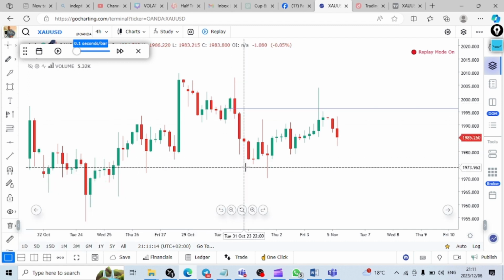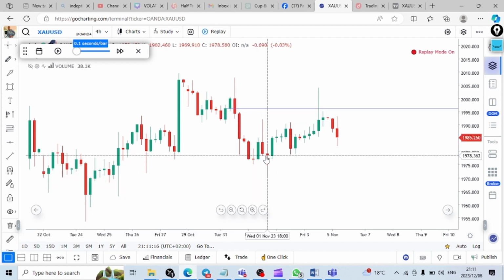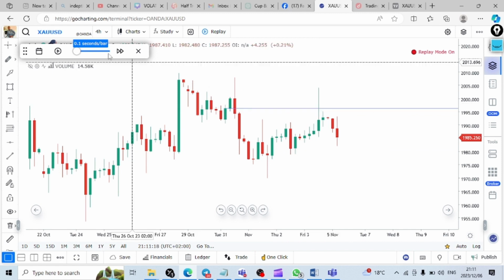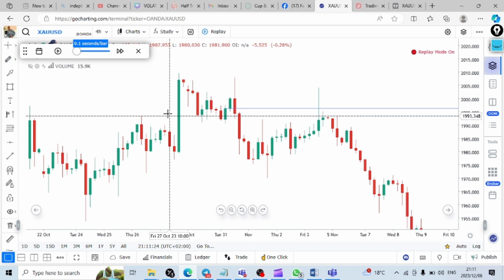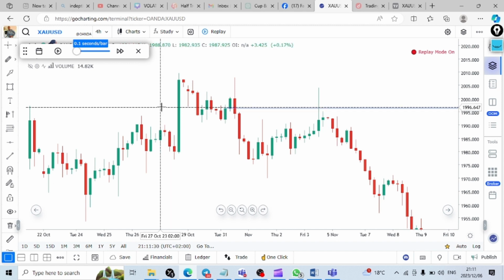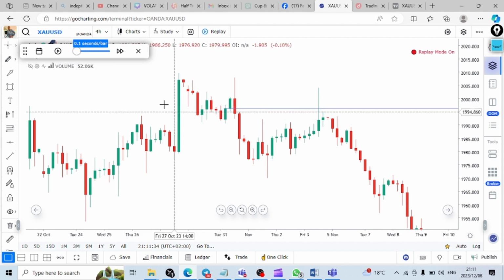And we can see after this displacement, price returned back to the order block. And we can see from that level, price started to move away. So if you use this, especially in volatility indices, this works perfectly. Although in boom and crash, the effectiveness is a little bit reduced. But in volatility indices, I'm telling you, you'll be able to make money.